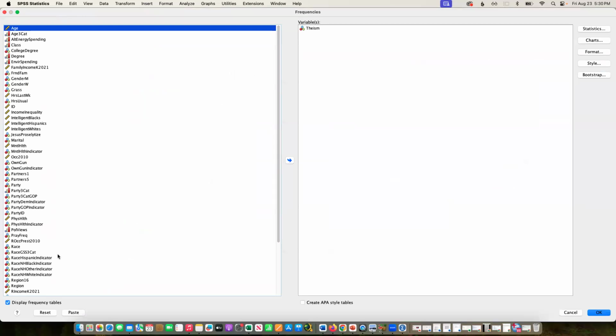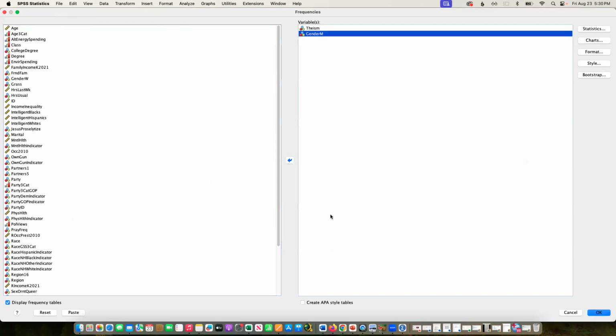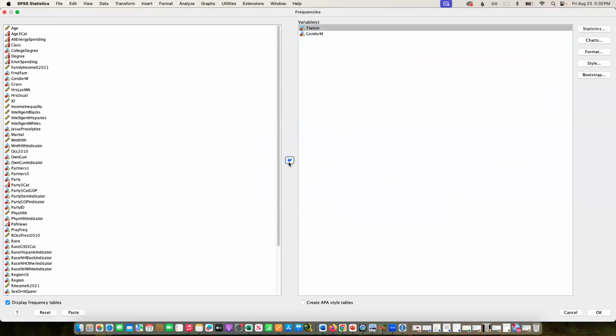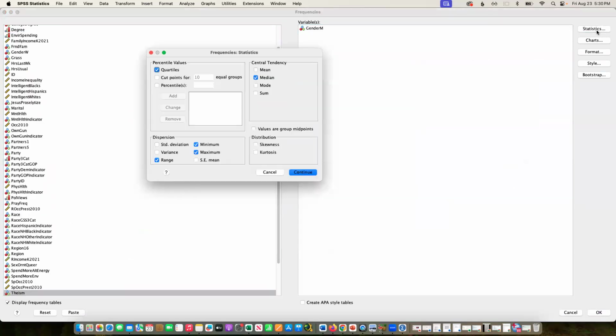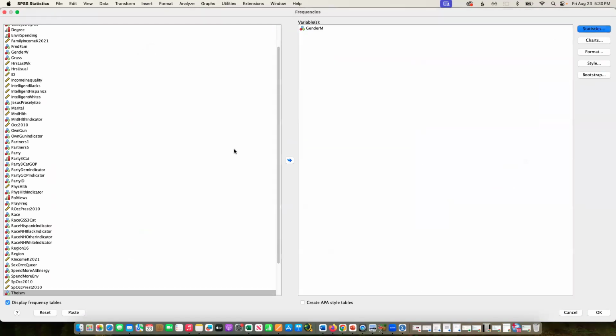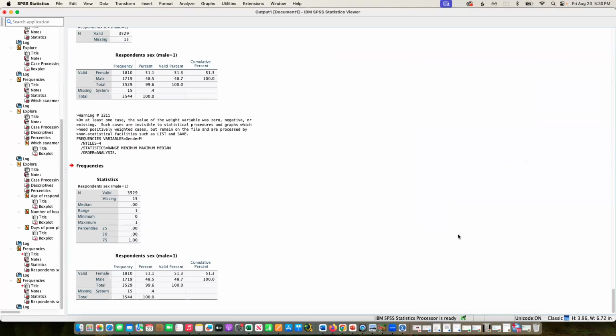As long as display frequency tables is checked, it'll give me the frequency table. I put the variable in here, and it's going to give me all this. I could uncheck these if I don't want them, but let's just run it.